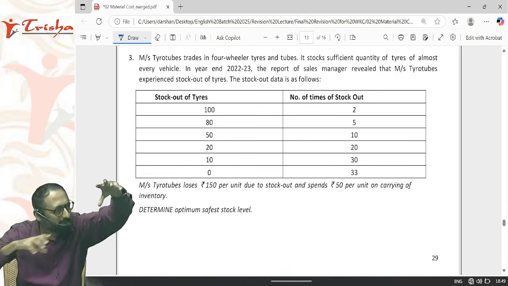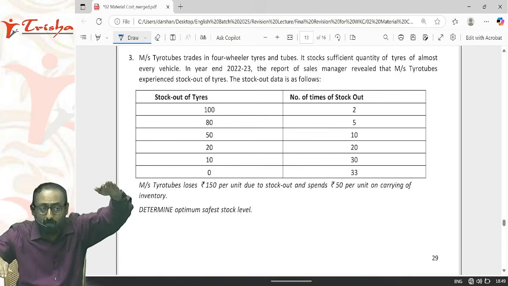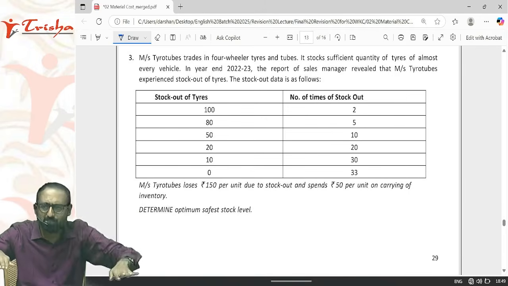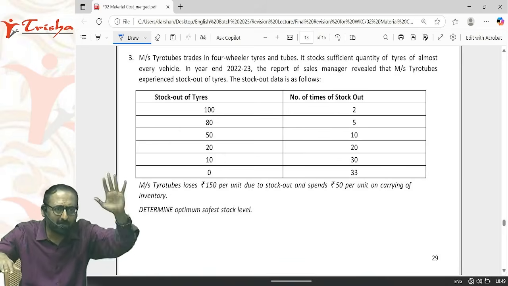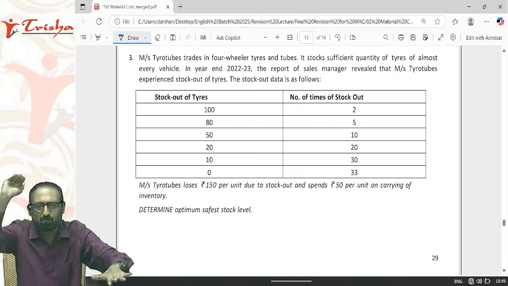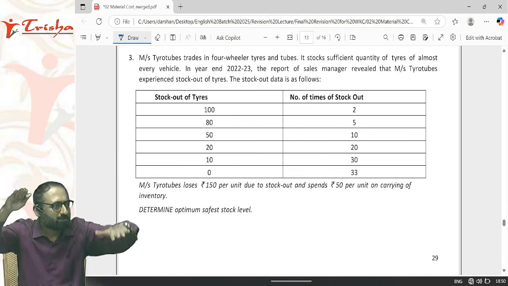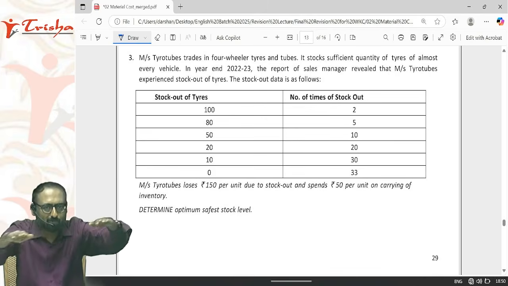Yes or no? If more quantity in safety, then stockout situation will be less. If you maintain less safety stock, or zero safety stock, then carrying cost will be less, but chances of stockout will be higher. So stockout cost will be higher. There is an inverse relationship between stockout cost and carrying cost. So you'll have to maintain an optimum level of safety stock.